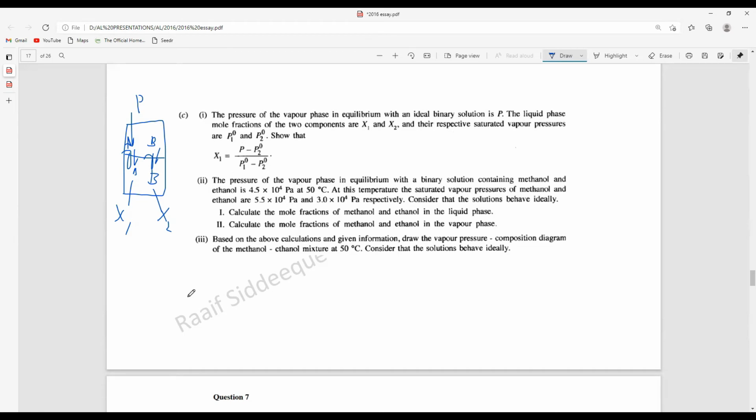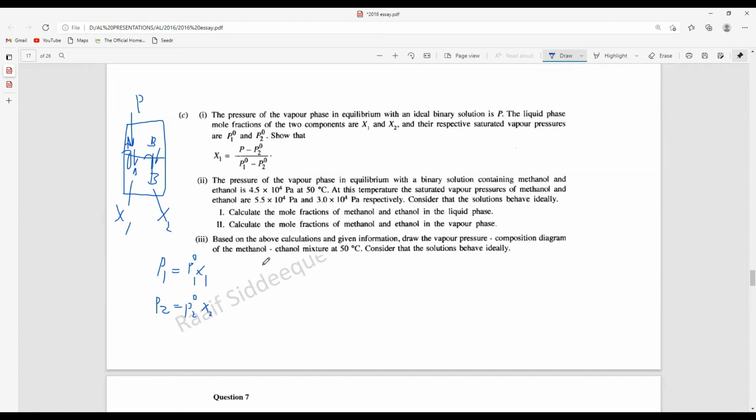So you all know, okay? If you know the vapor mole fraction and the saturated vapor pressure, you can use Raoult's law. So basically you can write, let's say P1, which is the partial pressure here. P1 is equal to P01 X1, right? And in the same way, P2 is equal to P02 X2. But you need to calculate X1.